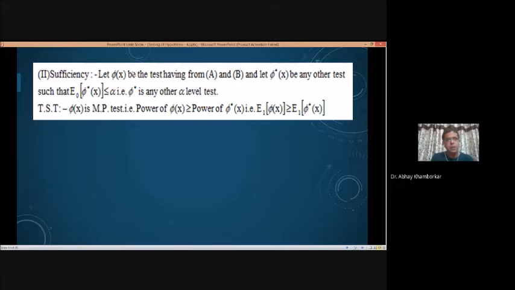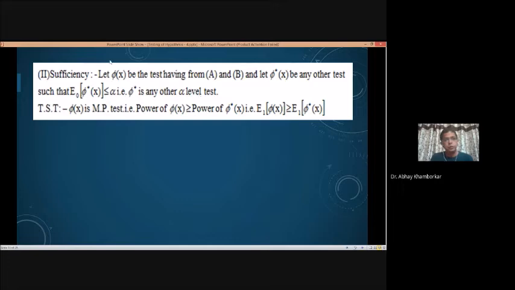So we now have two tests, phi of x and phi star x. Phi of x satisfies condition A and condition B. That means phi of x is also an alpha level test and it has some structure given by B. Phi star also satisfies this condition. That means phi star is also an alpha level test.